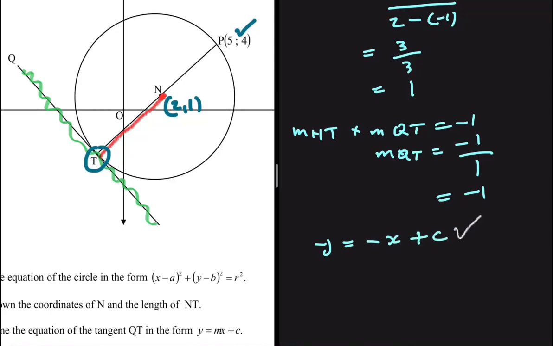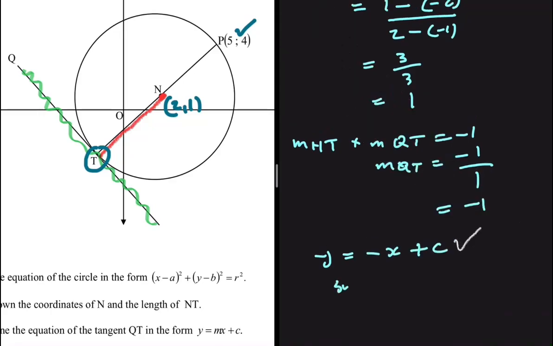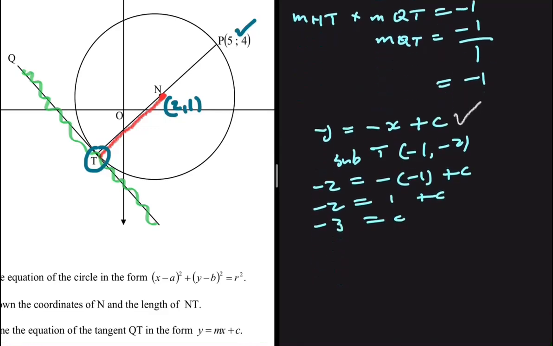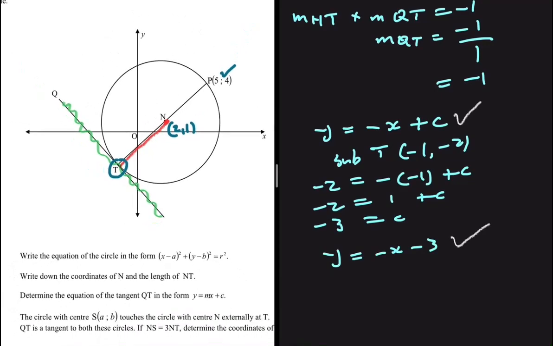Now we just need to find c. We're going to substitute the coordinates of t, minus 1 and minus 2. If we do that, we get minus 2 in place of y and minus 1 in place of x, plus c. So minus 2 is equal to 1 plus c, minus 3 is equal to c. So now we have y equal to minus x minus 3, and now we have the equation of qt.